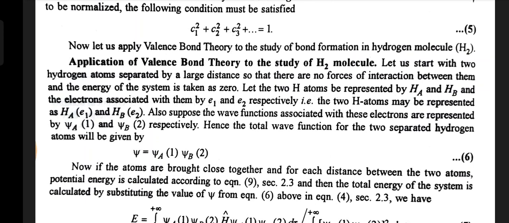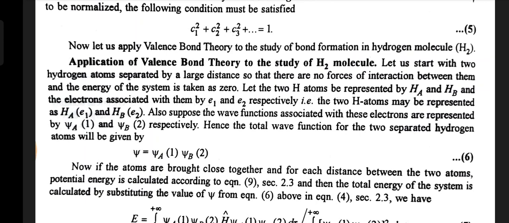Let the two H atoms be represented by HA and HB and the electrons associated with them by E1 and E2 respectively. That is, the two H atoms may be represented as HA E1 and HB E2. Also suppose the wave functions associated with these electrons are represented by psi A1 and psi B2 respectively.